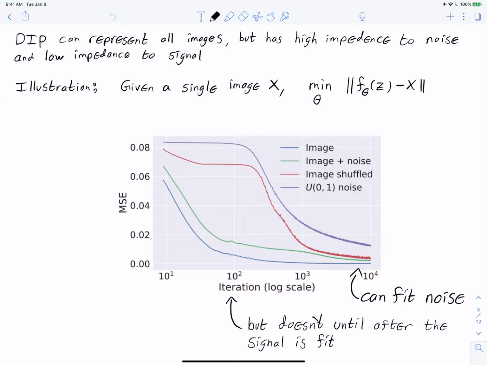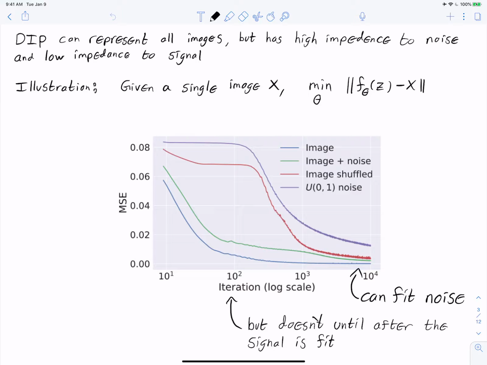And what's being plotted is the mean squared error of the recovery versus the iteration in a logarithmic scale. And the curves here involve fitting an image with noise, an image whose pixels have been randomly shuffled, and then just an image consisting of nothing but noise.